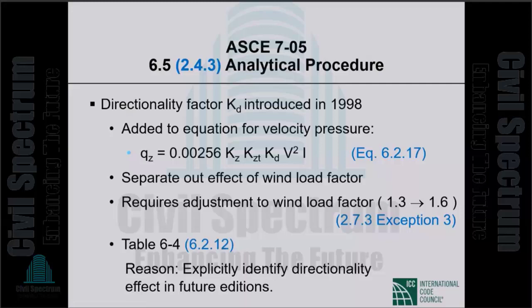But at one point in ASCE 7, 1998, ASCE introduced a separate directionality factor K sub D in the expression for wind pressure. So now the wind load factor had to be decreased by the same directionality factor. The new load factor needed to be 1.3 divided by 0.85.